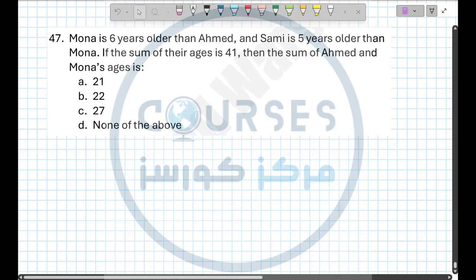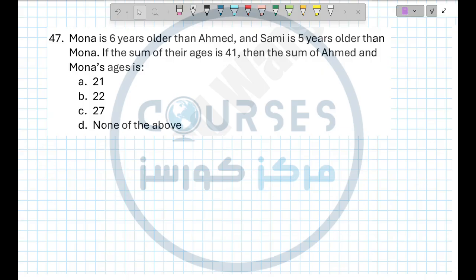Mona is 6 years older than Ahmed and Sami is 5 years older than Mona. If the sum of their ages is 41, then the sum of Ahmed and Mona's age is? We clearly can see that Ahmed is the youngest.